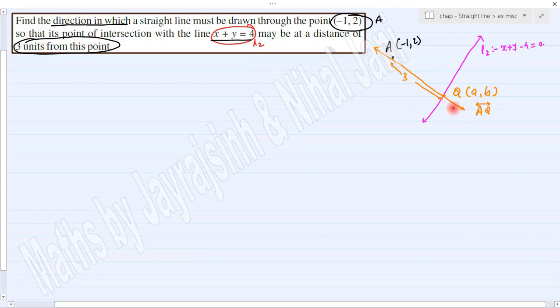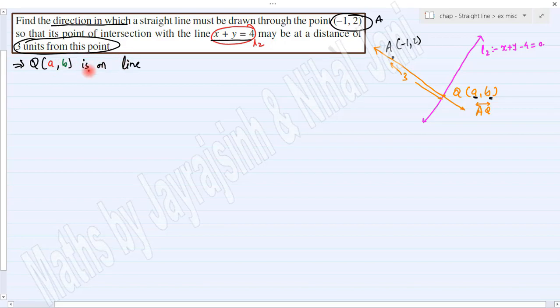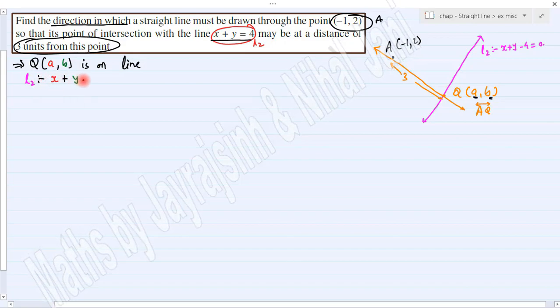To find equation of line AQ, we need to find coordinates of Q. We have two coordinates, so we must find out two equations. Now, first of all, your point Q is on line L2, which is having equation x plus y minus 4 equal to 0.